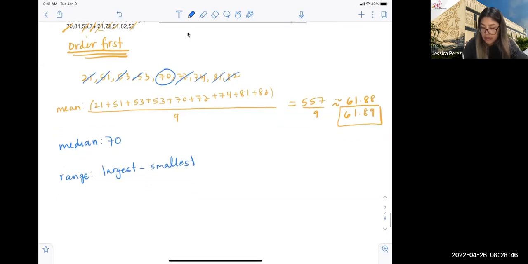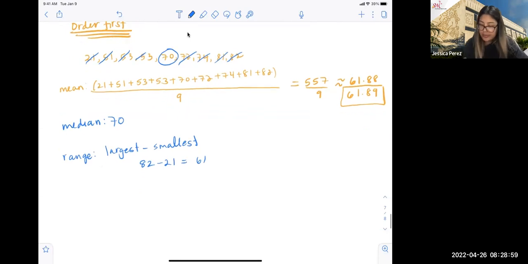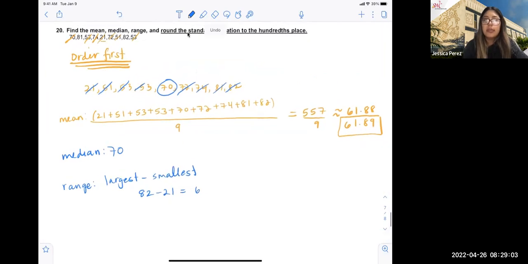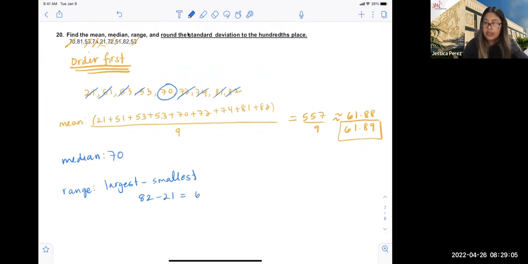So the largest is 82 minus 21. We get 61. So 61 is the range. Now the last part is the one that can take a longer time. We have to do the standard deviation.